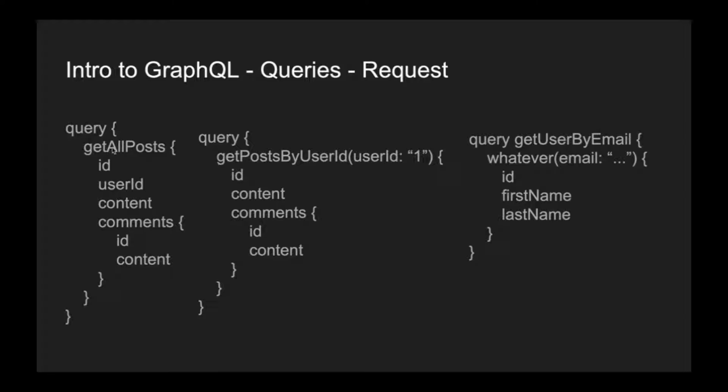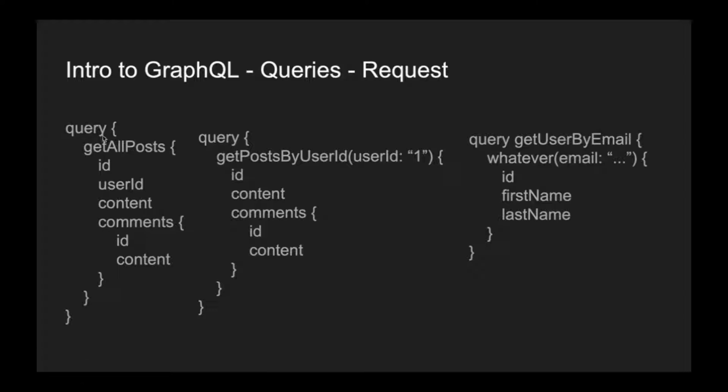The first field inside of this root object should be the name of an operation that you want to perform, and then you open and close curly braces for another object, and inside that object you define all of the fields that you'd like to get back.